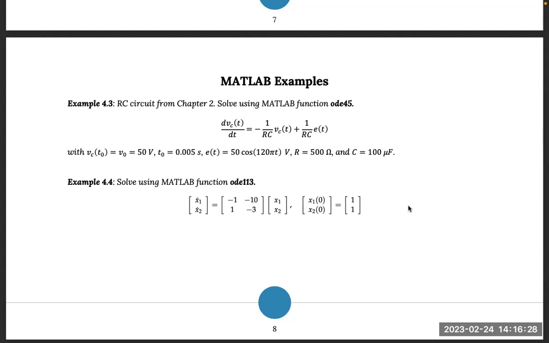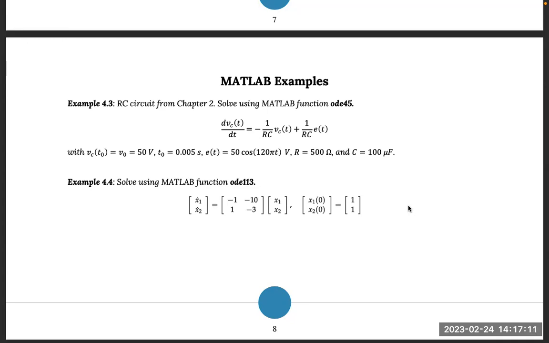And that's your state variable. You can write that equation in terms of the integral version of this equation, and this is going to be the differential version of that same equation. So you're going to have some initial condition, VC of t0 equals V0, which is going to be 50 volts. You're going to have some t0, 0.005 seconds.